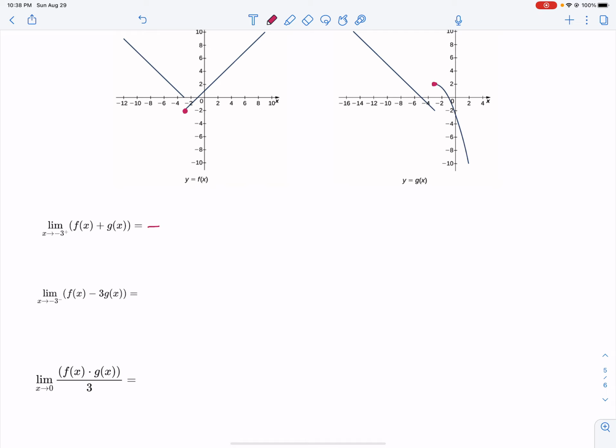So I'm adding those together: negative 2 plus positive 2, which gives me 0. What I could have done is written this as the limit as x approaches negative 3 from the plus side of f of x plus the limit. So I could have separated it into two limits, and that's why I can do my negative 2 plus 2. That's how I can separate those up.